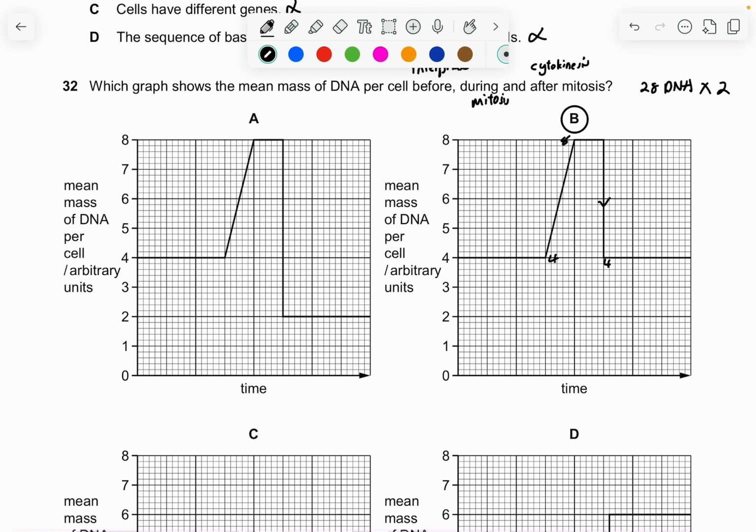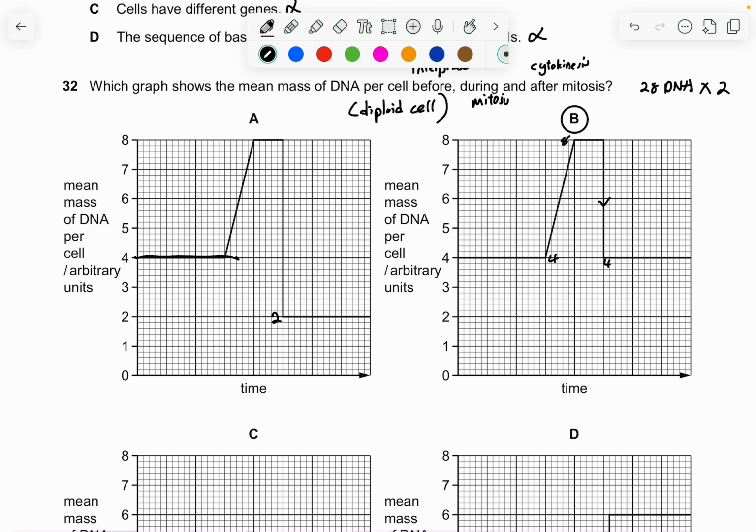So the numbers have to go back to normal. But look at the others. They start with 4, but they drop to 2. That is not possible. You must imagine that this is a diploid cell, and you are retaining your chromosome number. Before and after is the same amount.